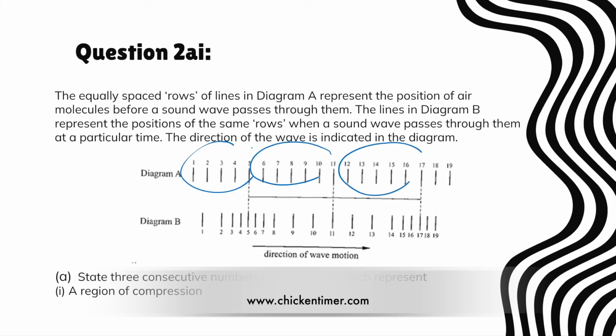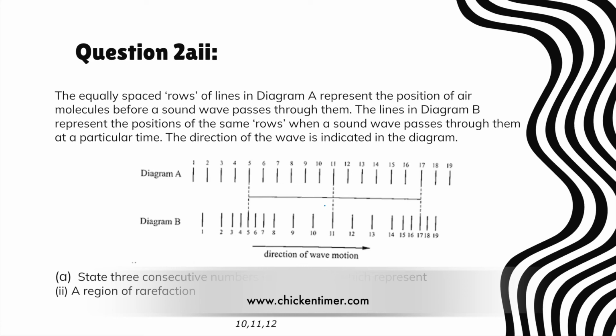Then they say the lines in diagram B represent the position of the same rows when a sound wave passes through at a particular time. Compressions are 4, 5, 6, and then maybe 16, 17, 18. This is correct. You only need to state 3. Next one, state 3 consecutive numbers in the diagram which represent a rarefaction. 10, 11, okay.